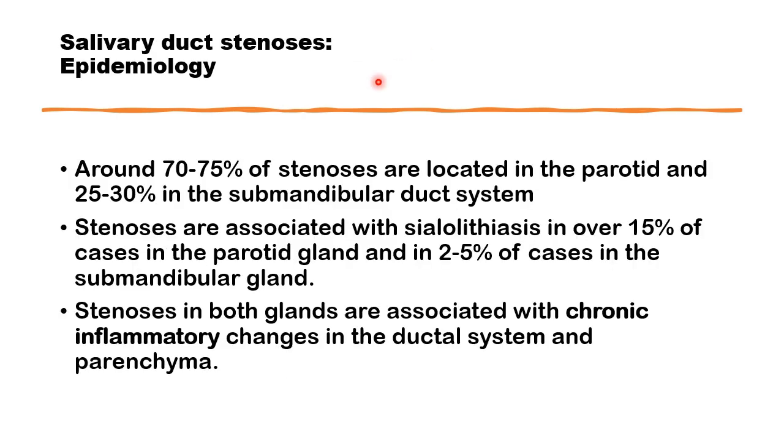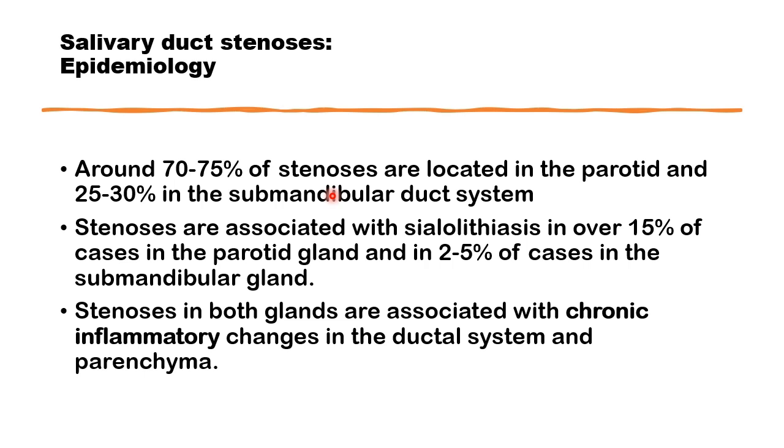Unlike salivary stones, salivary duct stenosis affects primarily the parotid gland. 70 to 75% of the stenoses are located in the parotids, and 25 to 30% will be affecting the submandibular glands.